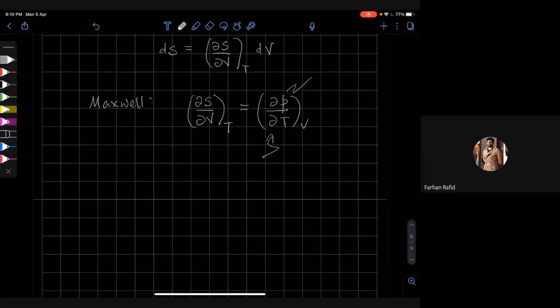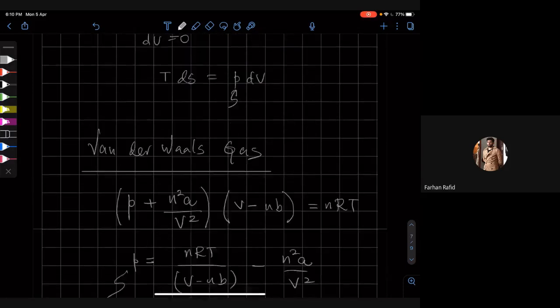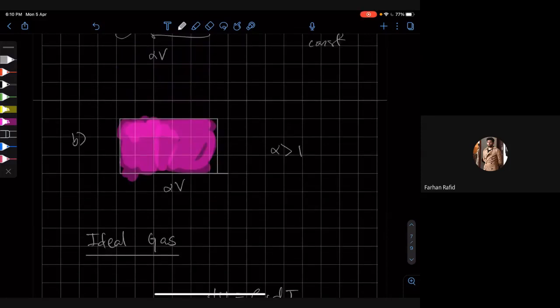So if I take the van der Waals gas and I do the second process where I remove the partition suddenly, then for the ideal gas, there is no change in temperature.